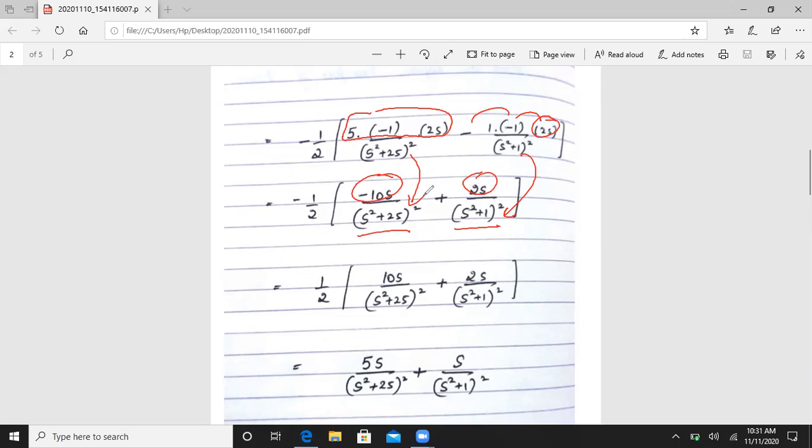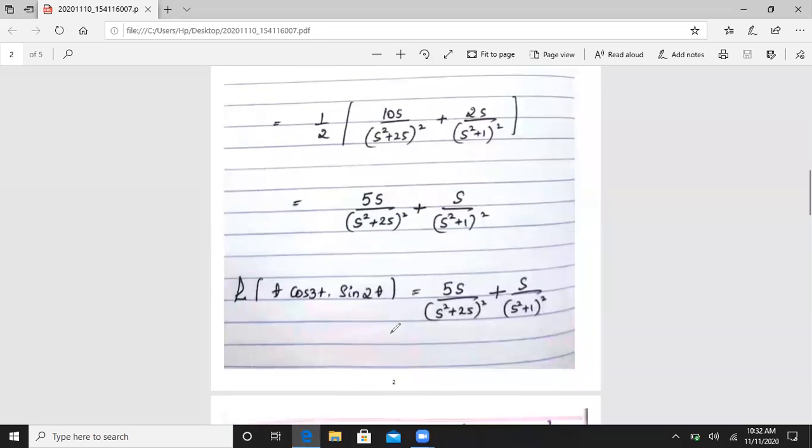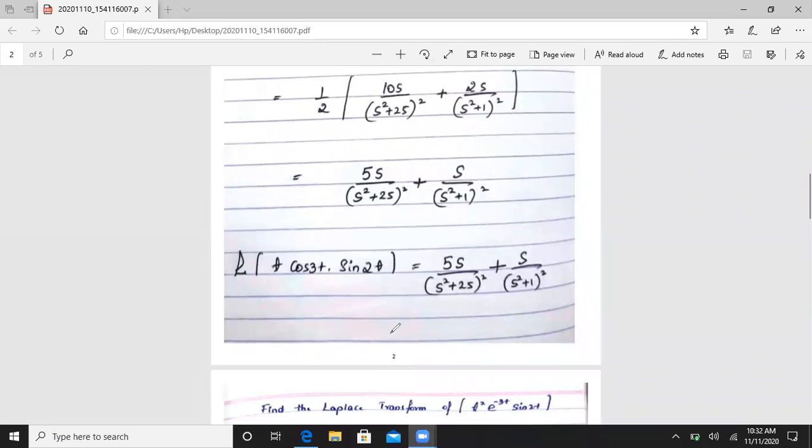Now when we simplify, 2 ones are 2, 2 fives are 10, so this becomes 5s divided by s square plus 25 whole square plus s divided by s square plus 1 whole square. Then the resultant answer is: Laplace transformation of t into cos 3t into sin 2t is equal to 5s divided by s square plus 25 plus s divided by s square plus 1 whole square.